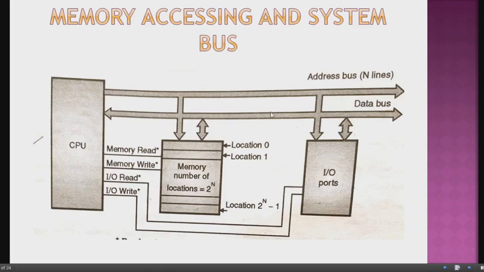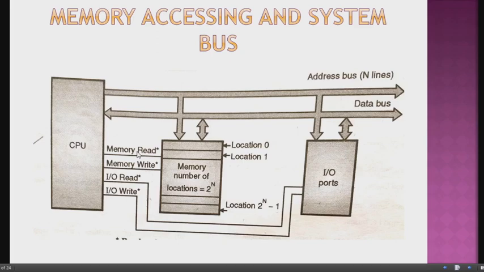This is the data bus. You can observe the address bus is connected to memory as well as to the IO port, and the data bus is connected to memory as well as the IO port. You can also observe the 4 lines here: memory read, memory write, IO read and IO write. This is nothing but the control bus.